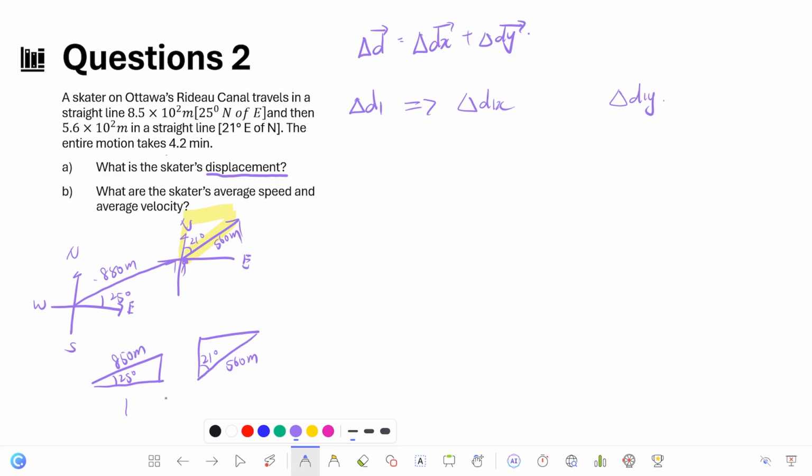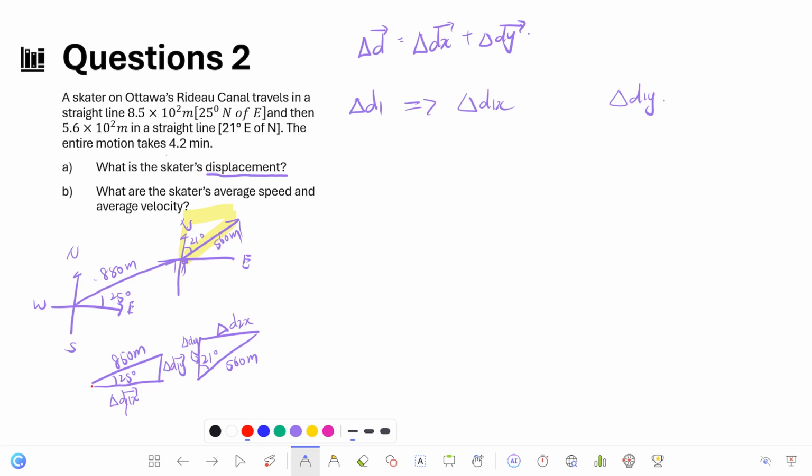Horizontal is x, vertical is y. Therefore, this part is delta d1x and this part is delta d1y. For the second triangle, this is d2x and this is delta d2y. So you find d1x and d1y first.